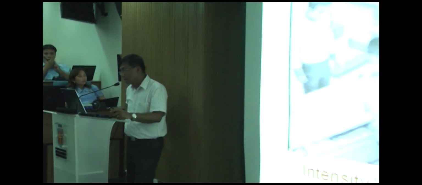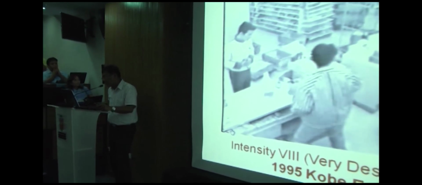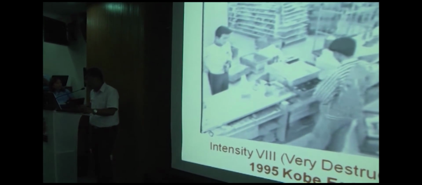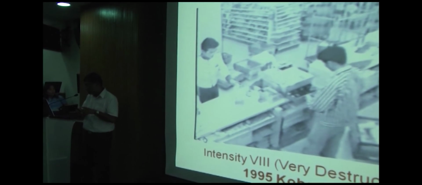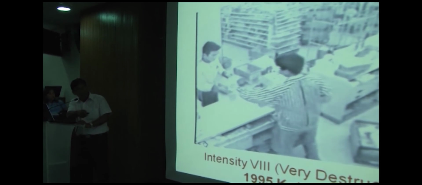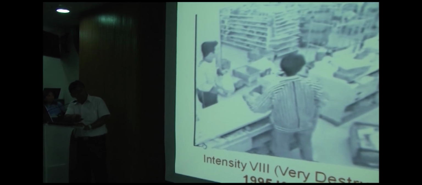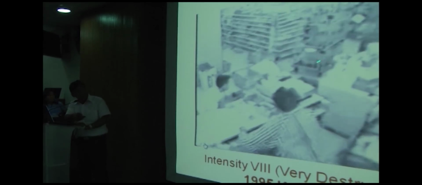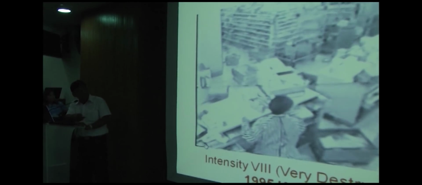an intensity 8 shaking in Kobe. Okay? You would see 2 people transacting. Suddenly they would stop. Please note the vehicle there and all the cabinets and tables. Oh my God. Okay? So they cannot stand.